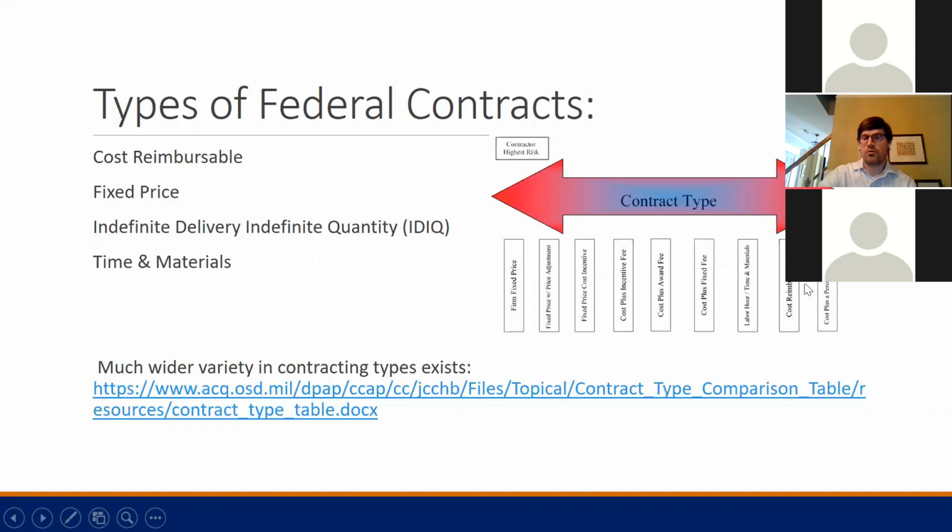And so the two types of contracts that we see in university research are really on opposite ends of the spectrum as far as who is taking on the most project risk that the project itself is going to be completed, and that the government is going to receive what it expects to receive under that contract.